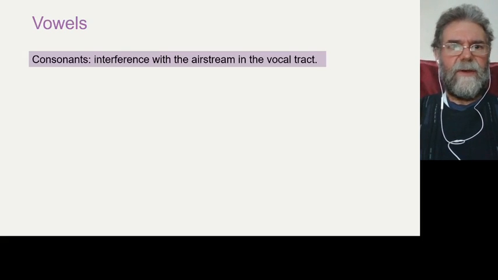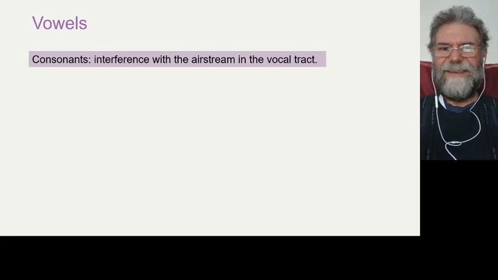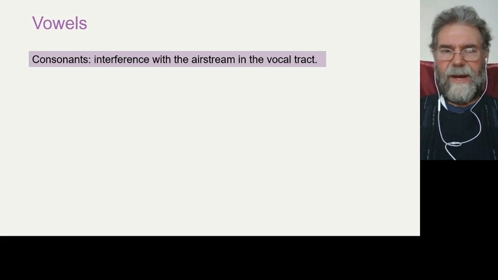Essentially, with a consonant, you interfere somehow with the airstream flowing through the vocal tract. You do things to it like stop it from flowing and then suddenly release it, or create small gaps for the airstream to have to be forced through. Those sorts of things you can fairly easily describe.